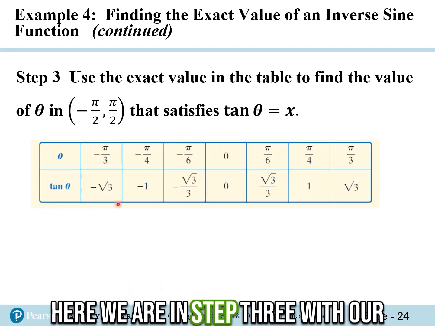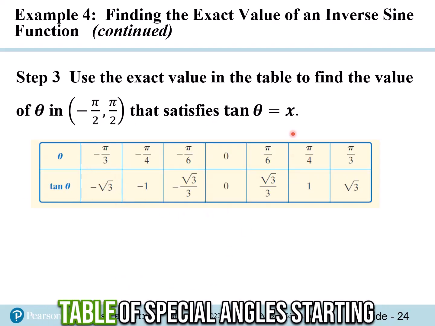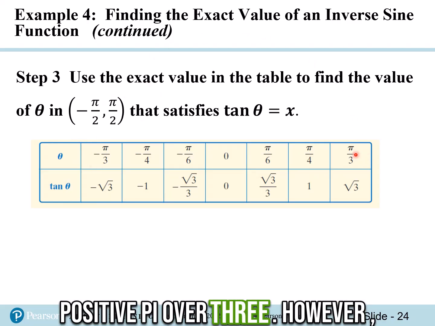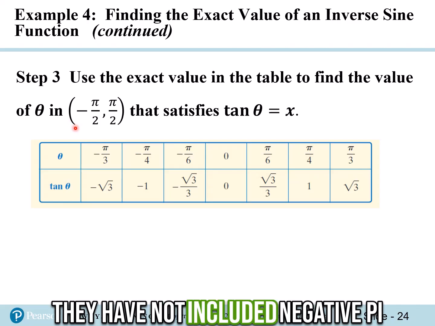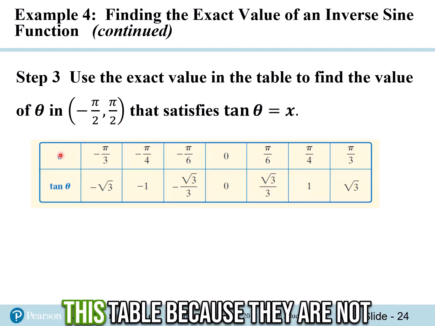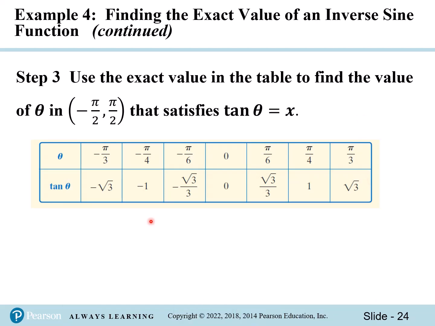Here we are in step 3 with our table of special angles starting from negative pi over 3 to positive pi over 3. However, they have not included negative pi over 2 and positive pi over 2 in this table because they are not a part of the interval.